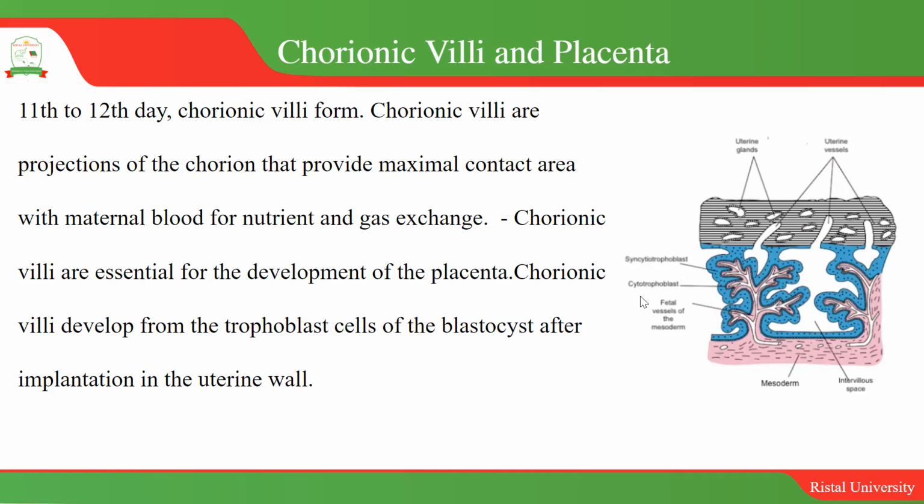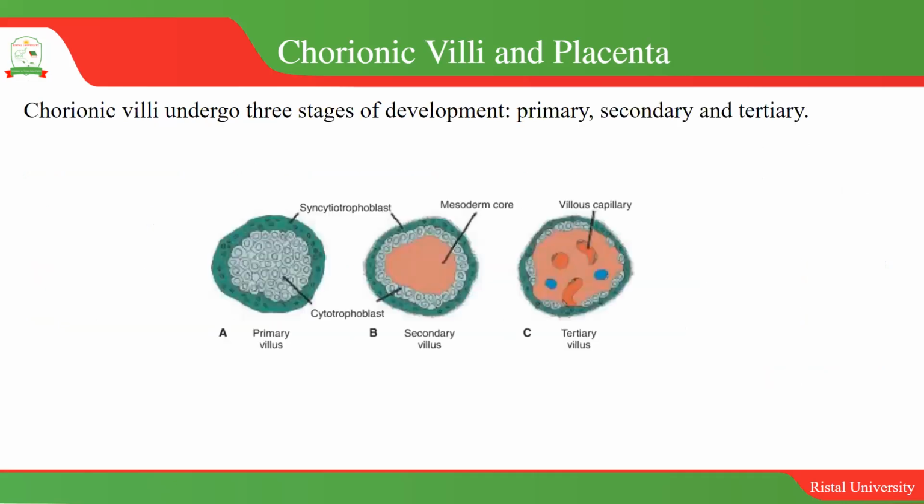The chorionic villi develop from the trophoblastic cells, the trophoblasts of the blastocysts. Remember, the trophoblasts are the outer cells of the blastocysts. And so that means that the blastocysts play an important role in implantation and also in formation of the chorionic villi, therefore the placenta.